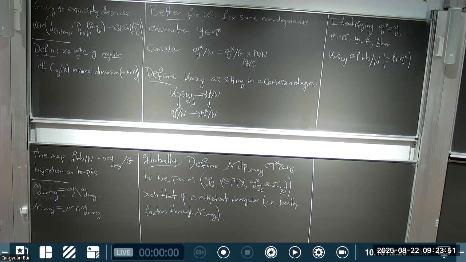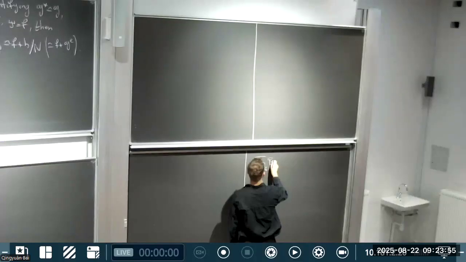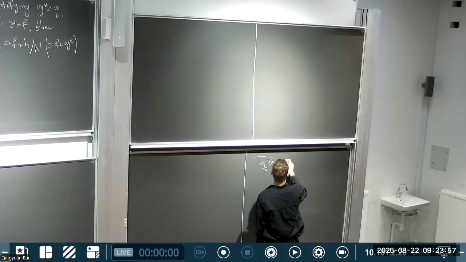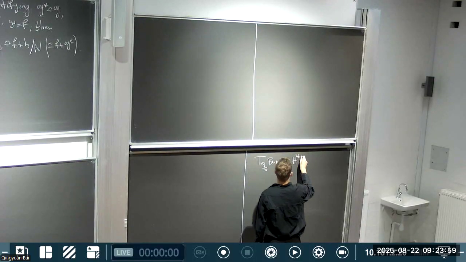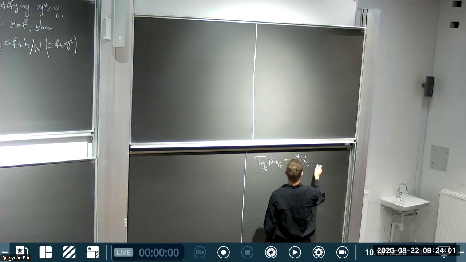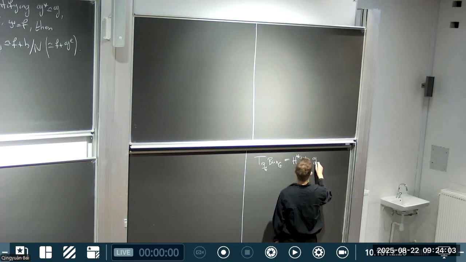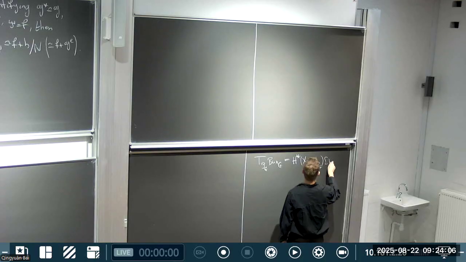So we saw that the tangent complex at a point P of Bun G was the cohomology of the adjoint bundle shifted by 1.